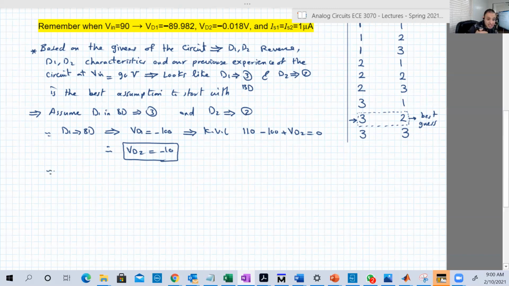Also, since we assumed that D2 is in region 2, that means that ID2 equals minus IS2, which is minus 2 microamperes. And we know from KCL that ID1 equals ID2.